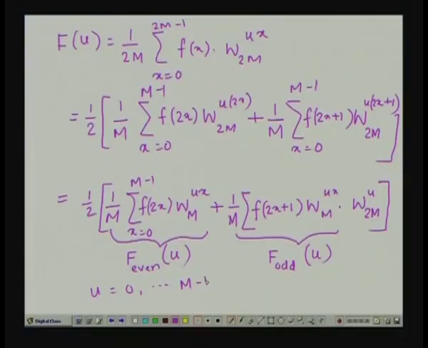Now, following some more properties, effectively what we have got is F(u) is equal to half of F_even(u) plus F_odd(u) into W_2M to the power u.